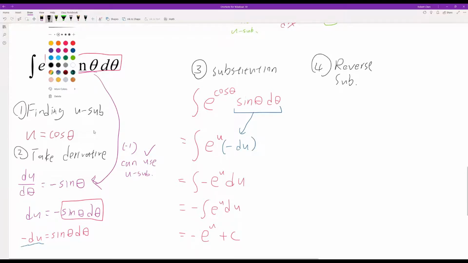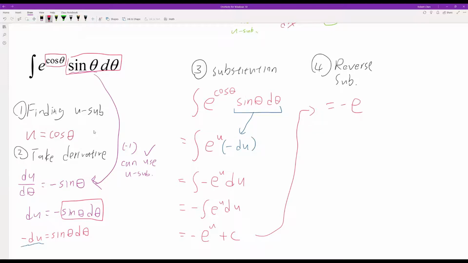To do that, you just replace all the u back with the original expression that you had. So it's going to be negative e to the power of u. u is, again, cosine theta from the beginning. Cosine theta, and then plus c. And we're done.